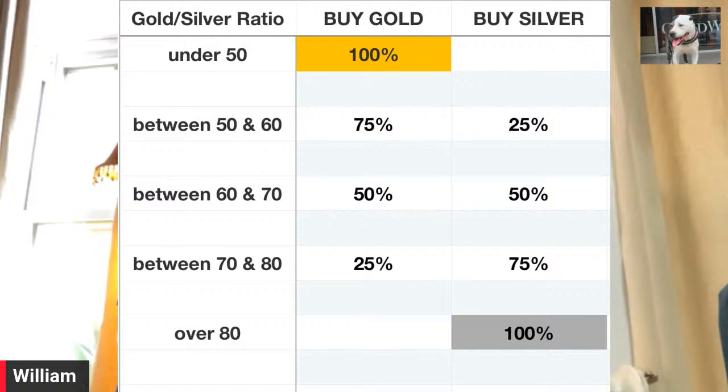And when it's between 60 and 70, I split it 50-50, and you can see it there. And when the ratio is between 70 and 80, 75% of my currency, my fiat currency, my dollars, go to silver and 25% to gold. And when the ratio is over 80, I buy only silver.